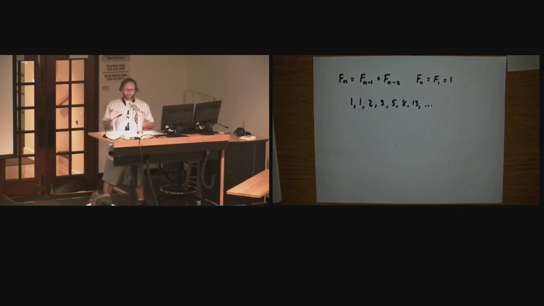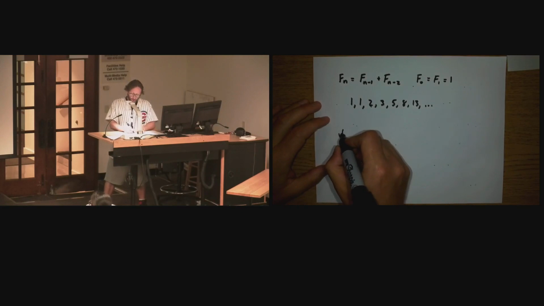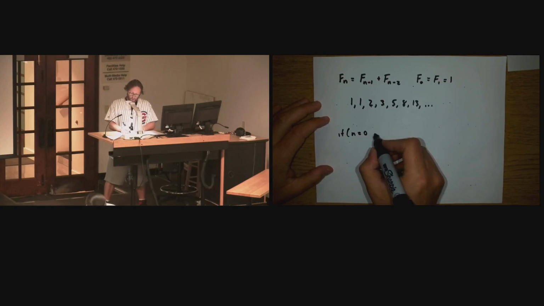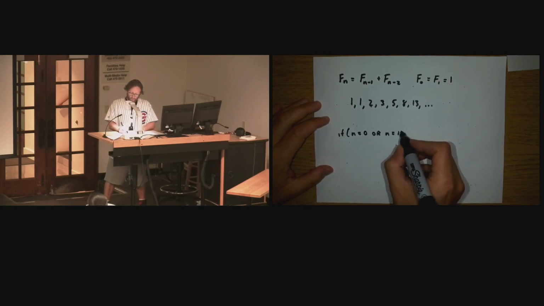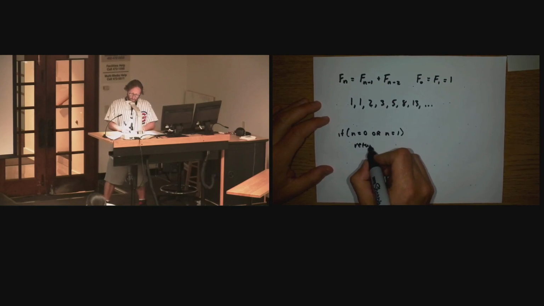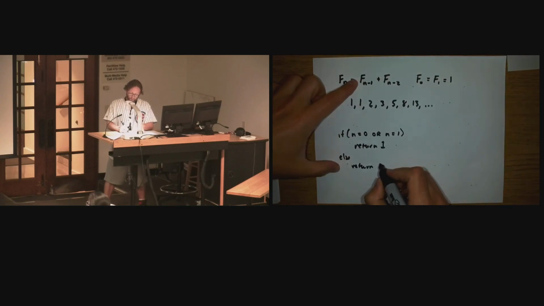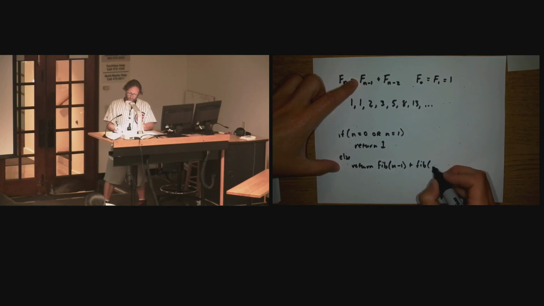Now, the classic way of solving this recursively is to write a function that makes a recursive call to, say, fib for Fibonacci of n minus 1 plus Fibonacci of n minus 2.